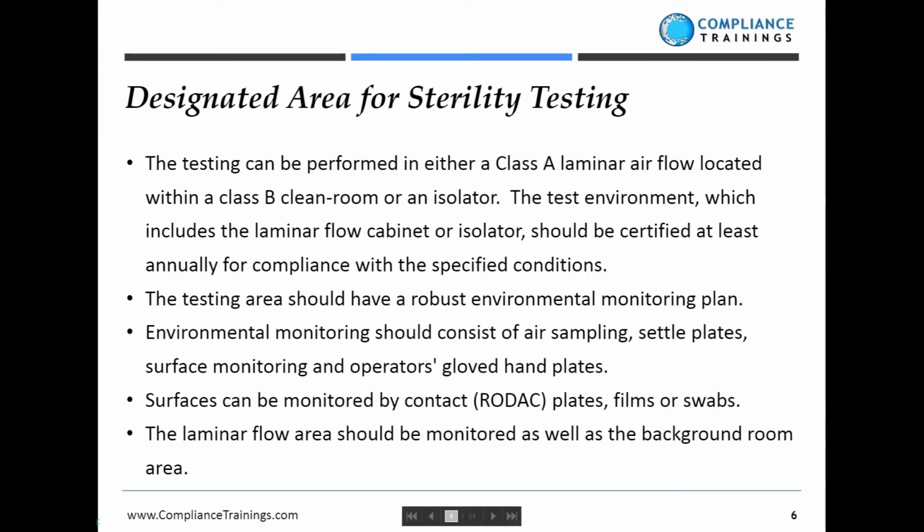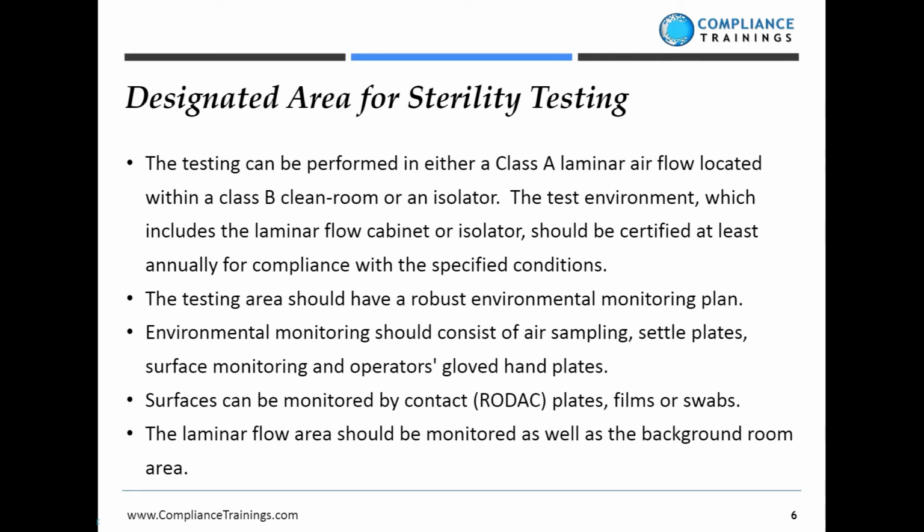As I said before, the testing is going to be done in either a Class A laminar flow hood located in a Class B clean room or in an isolator. You should have a laminar flow cabinet or isolator, and those should be certified at least annually for compliance with specified conditions. We're going to have a robust testing plan with regard to environmental monitoring.